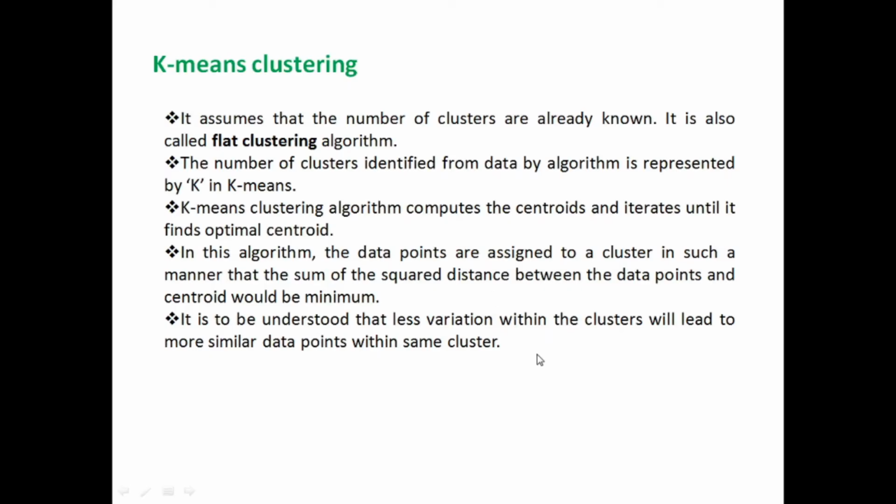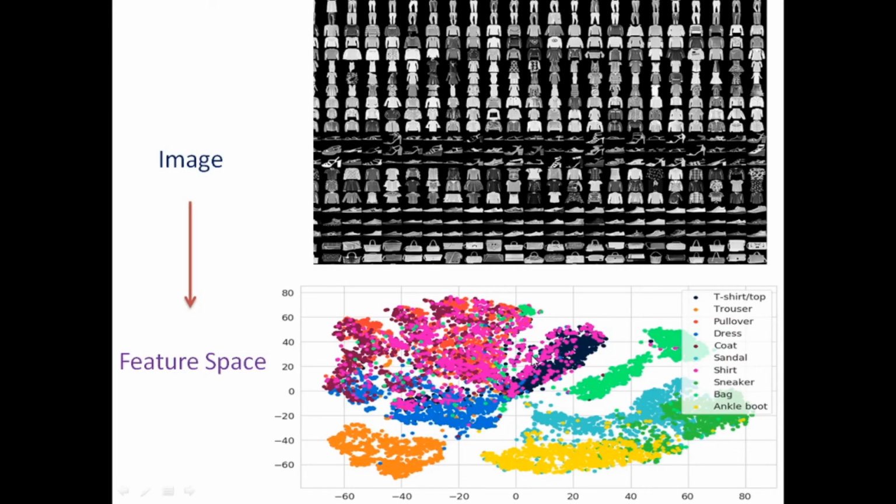In this k-means clustering algorithm we look for k segments in an image. In this image you can see there are plenty of segments which carry the same attributes or information. We take this image and map it into the feature space. In this manner it happens. Our ultimate aim here is to find the means of these k clusters, because, as I have said, some objects in the image have similar attributes.